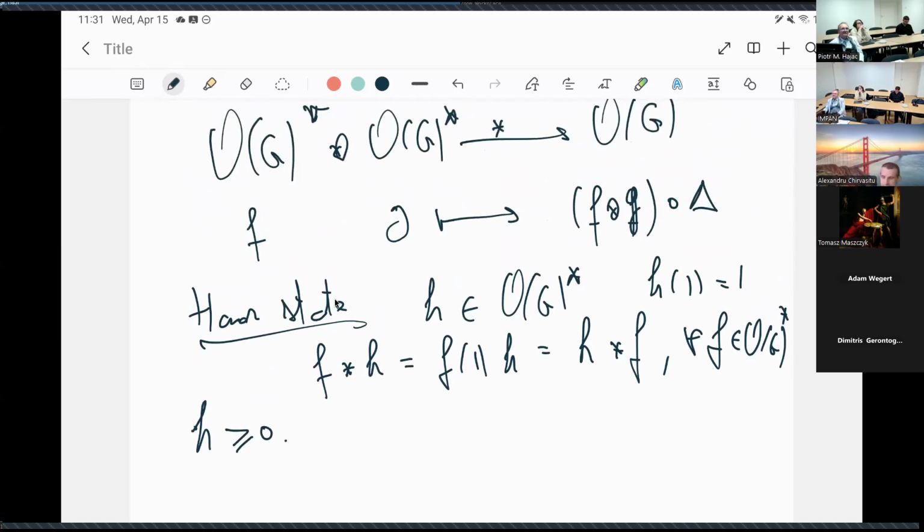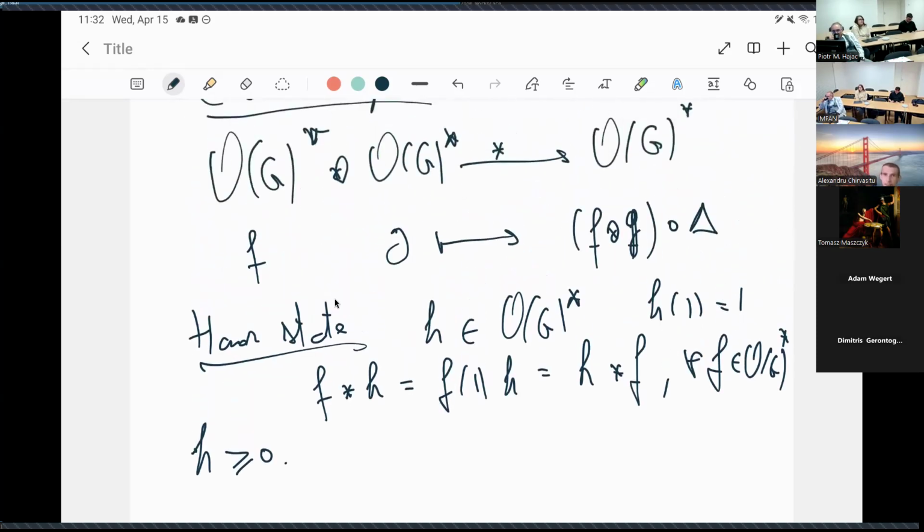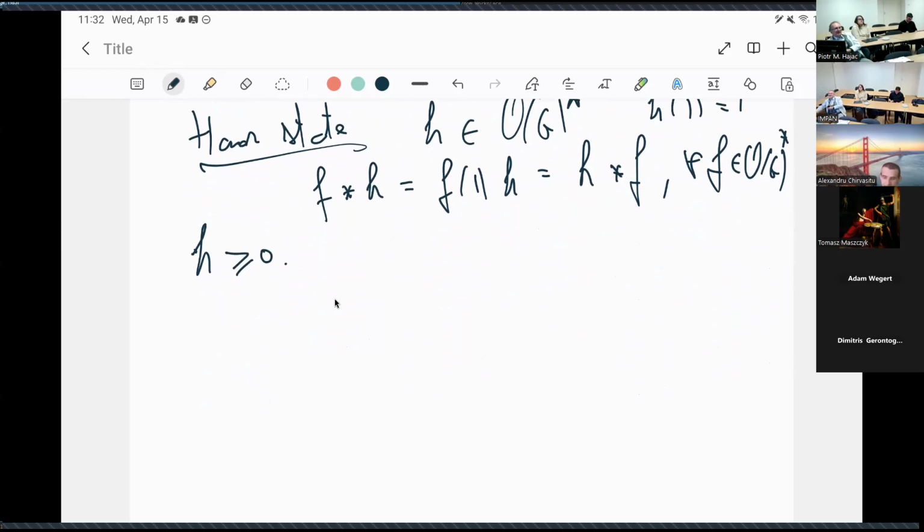Because otherwise you could scale it. Yes, root of unity. And in that case, you have separate left and right integrals. It's one thing to be left invariant, it's another thing to be right invariant. Yes, this is left invariant.